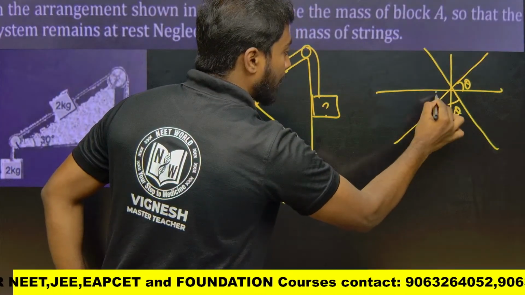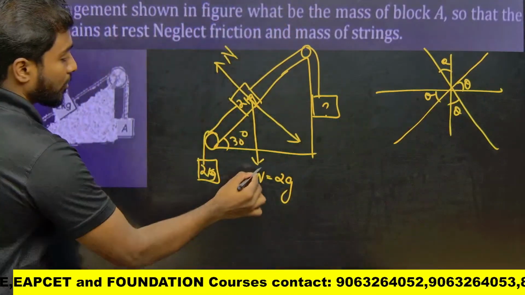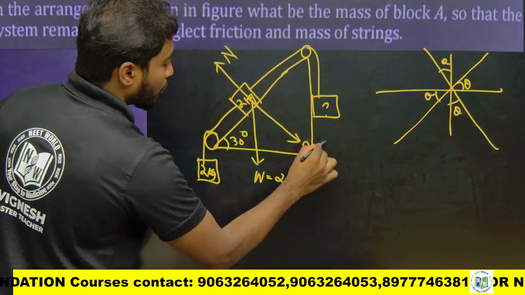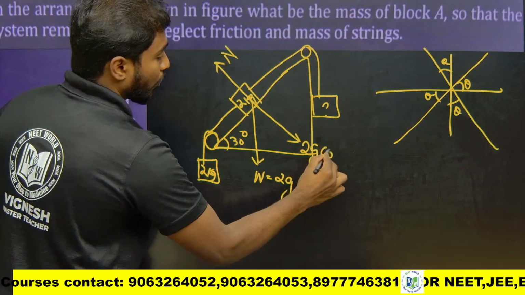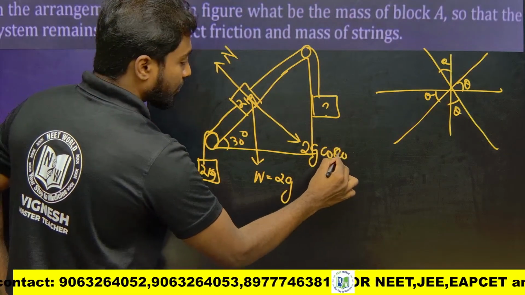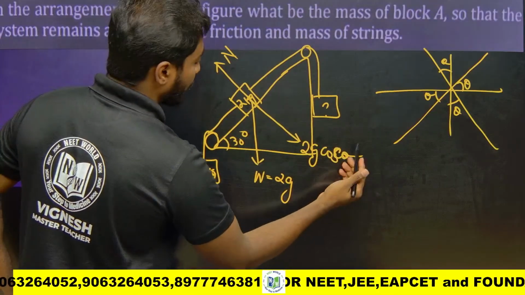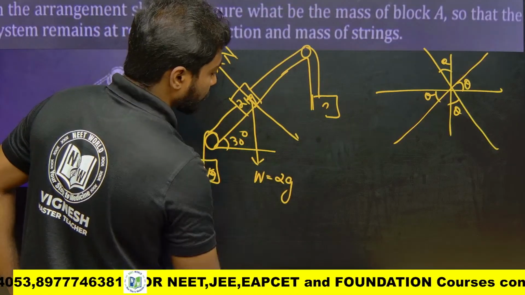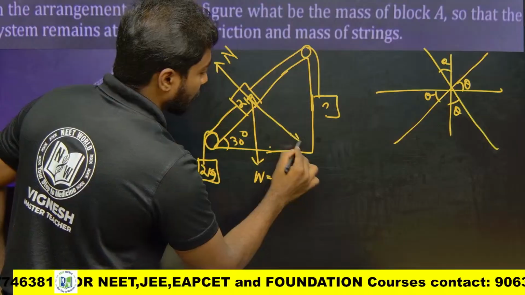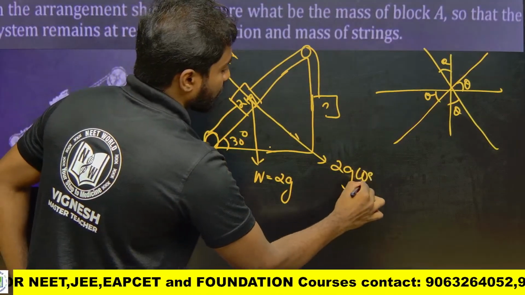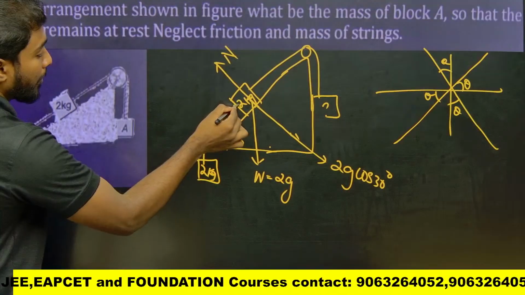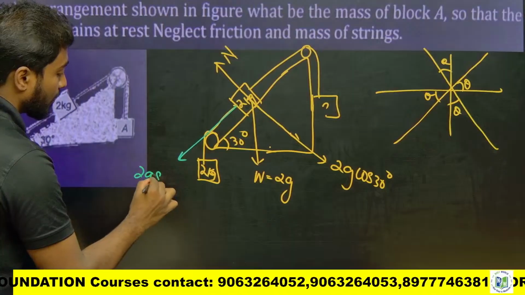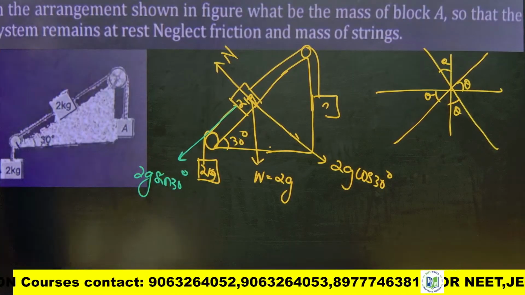So theta alternate you write. So this is my 2g cos theta or sin theta? Cos theta, that is cos 30, yes, 2g cos 30 degree, and this one will be my 2g sin 30 degree.